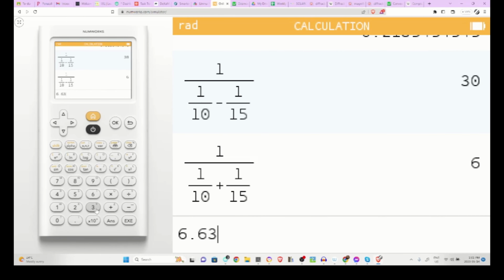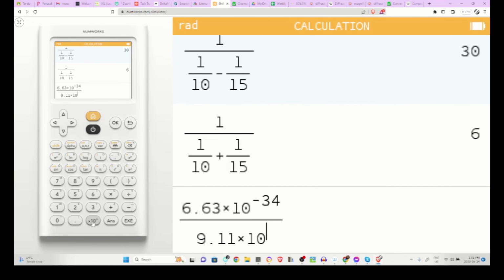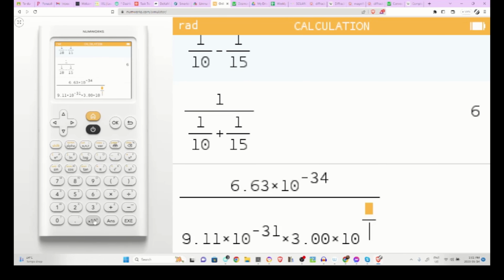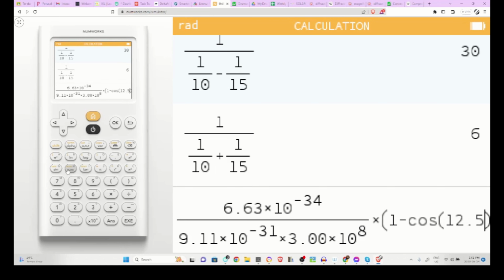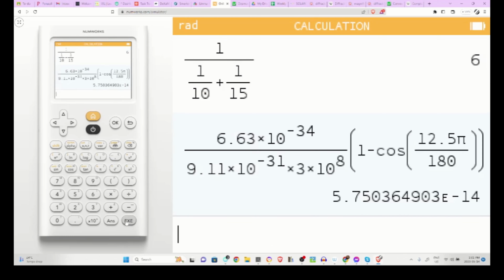So 6.63 times 10 to the negative 34 joule seconds divided by 9.11 times 10 to the negative 31 times 3.00 times 10 to the 8, times, and then in brackets, 1 minus the cosine, and I realize now we're in radians, so 12.5 degrees times pi over 180, because I forgot to change this calculator's mode.